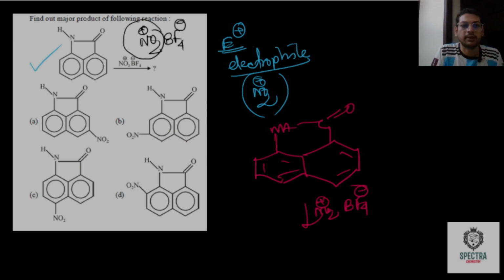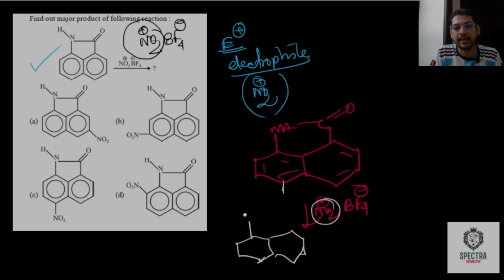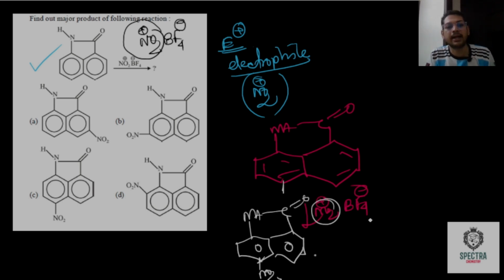Then your product will be: you have to add this NO2 group at this point. So this will be NH C double bond O, and at this position you add the NO2 group, and that will be your answer. So what is matching? Option number C is matching, and this is your answer.